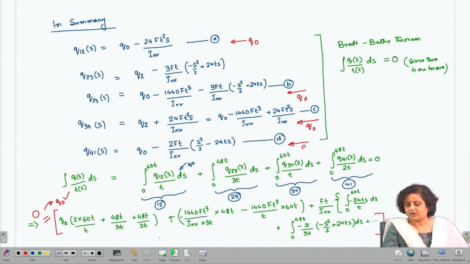So, this is the process that one has to use to find the shear flow in a closed cross section beam. This is a very lengthy process, no doubt, but this is the only process that can be adopted to find the shear flow in the cross section.